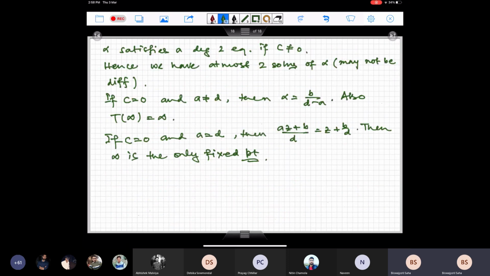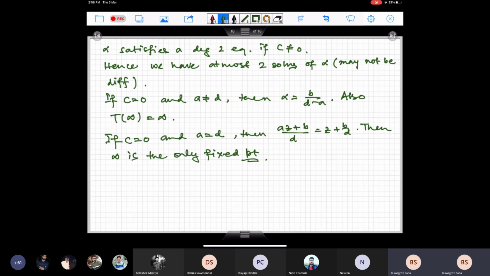Depending on whether A is equal to D or not, you will get one more fixed point, else you will have only one fixed point. Anyway, we see that a Mobius transformation can have at most two fixed points. So this gives us an important and interesting result.